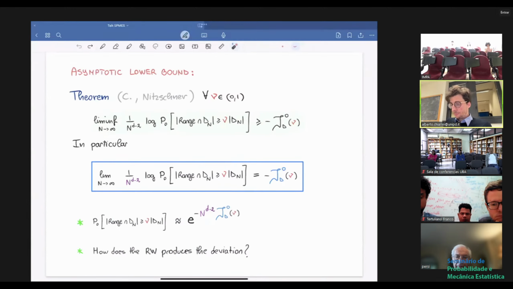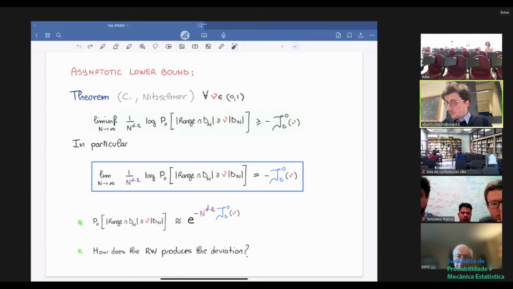Okay. What we did together with Maximilian Nitzschner is to complement, and this is still not on the archive yet, we are still writing it down, should not take too much, this upper bound with a lower bound, so that the exact rate is really given by this function here.